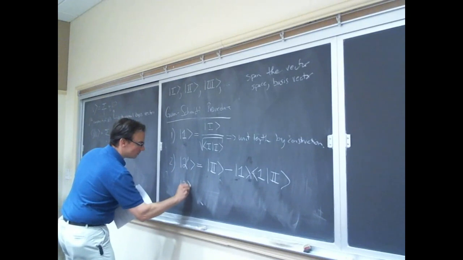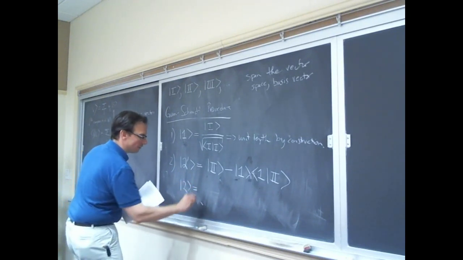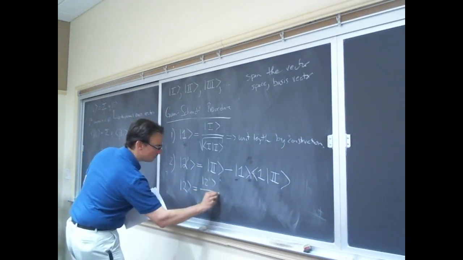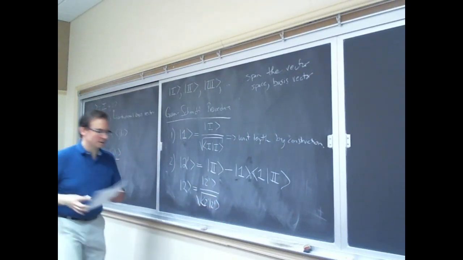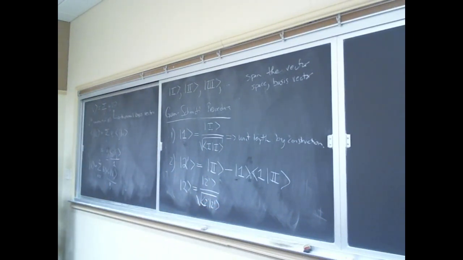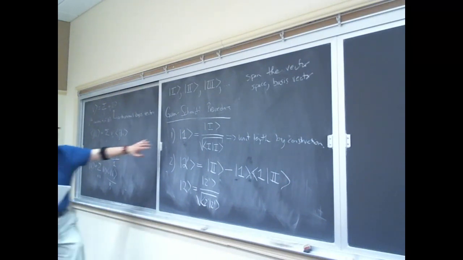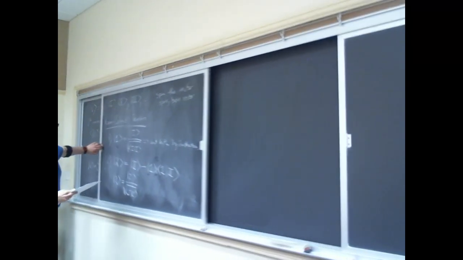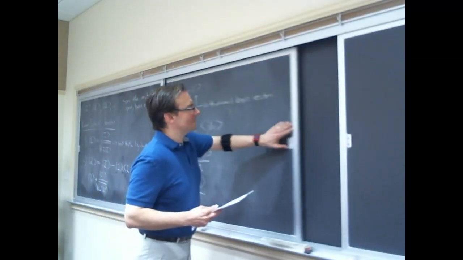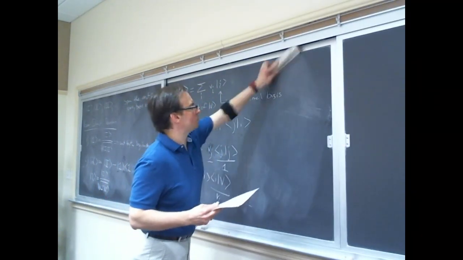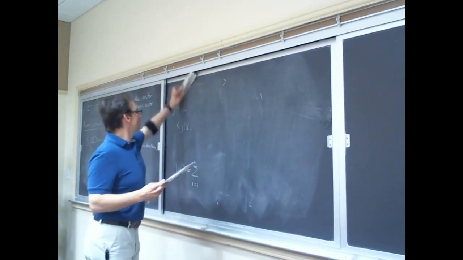To get it to be guaranteed to have unit length, you need to take 2 prime and divide it by the magnitude of 2 prime. And you can see where this is going, right? You keep going. This just becomes an exercise in algebra until you can't stand it anymore.